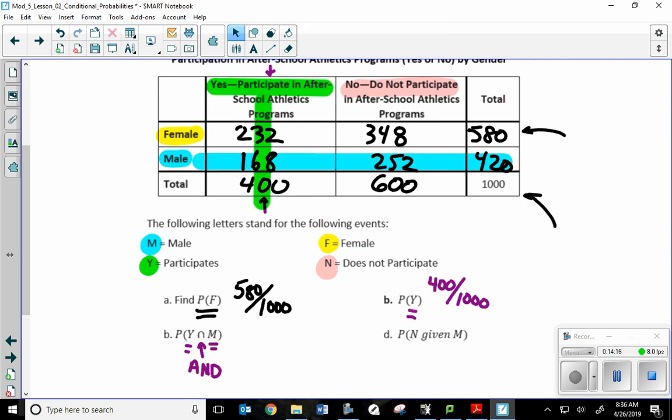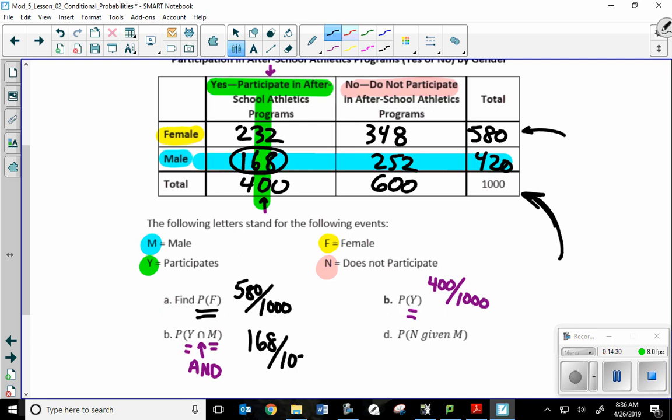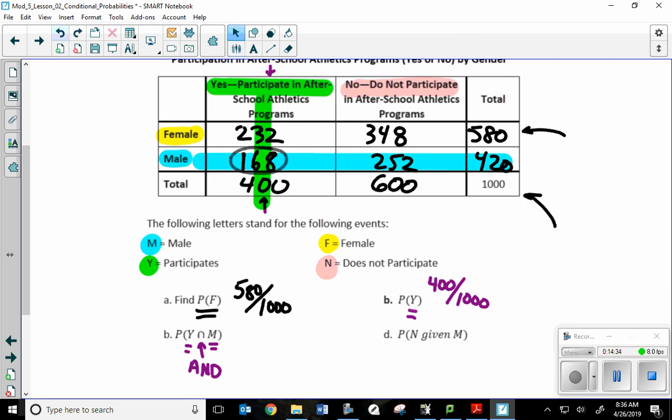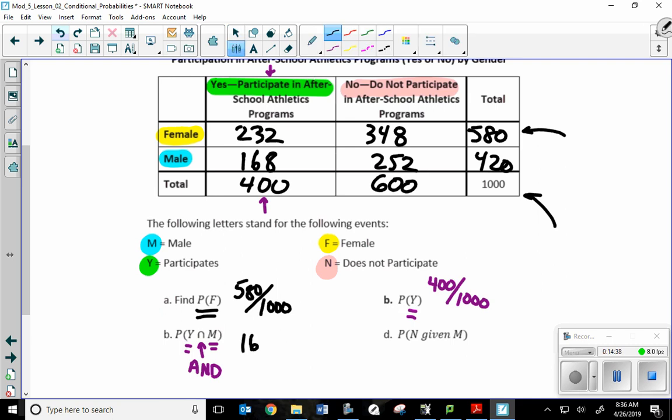Where do they intersect? 168 are both male and participate in sports out of my 1,000 total. All right? So it's 168 out of 1,000. And in fact, let's get rid of that highlighter.